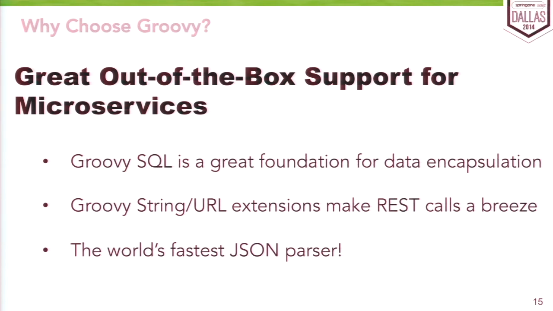And Groovy's ability to translate strings into URLs makes making REST calls to other services and external services a breeze, right? We can take a string, wrap a URL in it, and instruct Groovy to turn that into a URL.